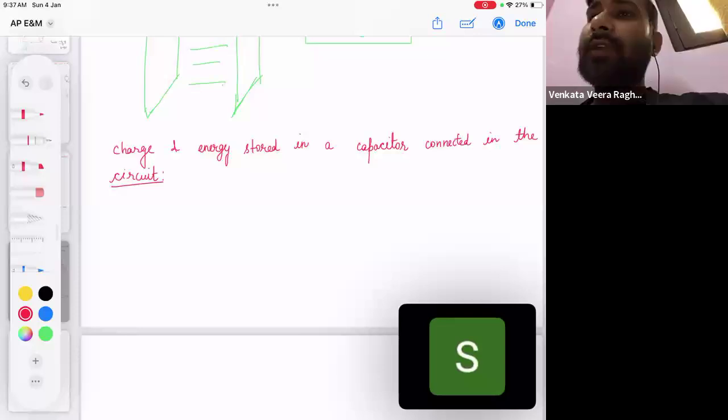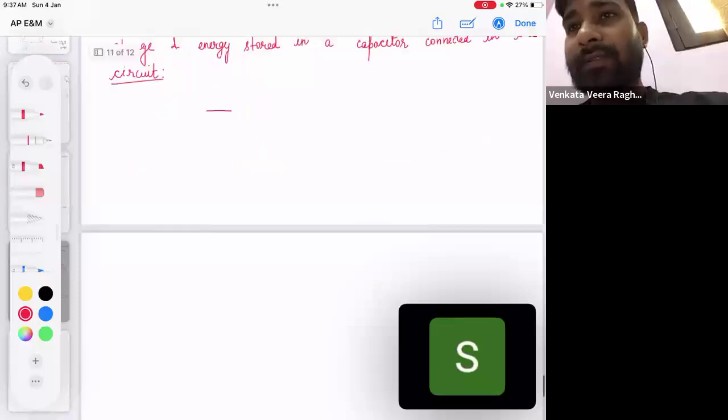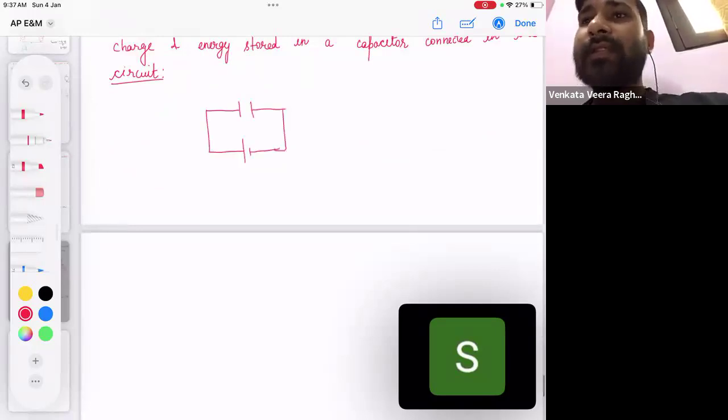Okay, so if we connect a capacitor, this is the symbol of a capacitor. These two lines of exactly the same length are the symbol for the capacitor. And one bigger line, one smaller line, what is this symbol?